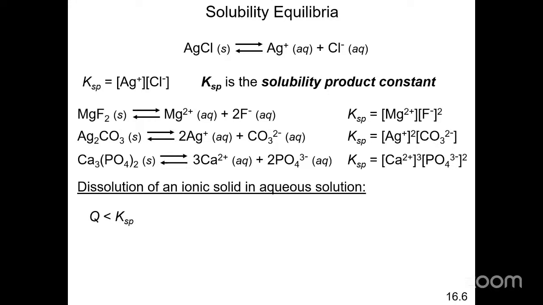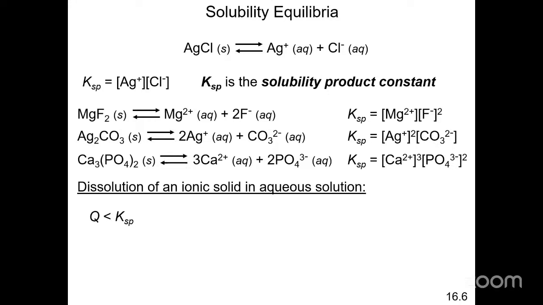As I said before, these compounds are sparingly soluble, but we can make predictions based on the concentrations of the ions that are mixed together, as to whether a solution will form or you observe a precipitate coming out of solution. We go back to our reaction quotient, Q, and compare Q to the Ksp.